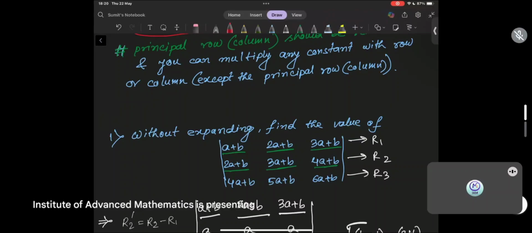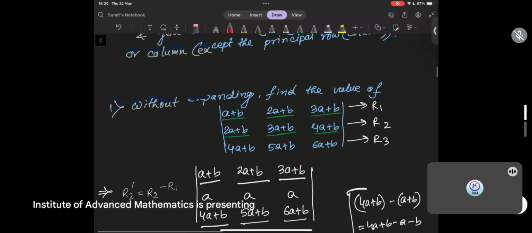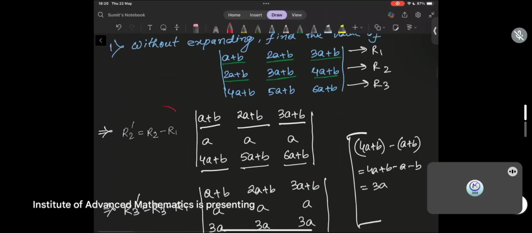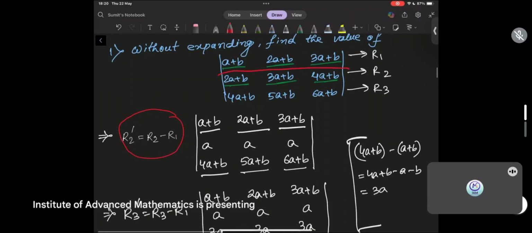So for column 2 minus column 1, or row 2 minus row 1, whatever, here first I have done R2 dash equal to R2 minus R1. R2 dash equal to R2 minus R1 means R2 will change. R2 is this highlighted one, this will change, by R2 minus R1, that means R1 will be subtracted from R2.